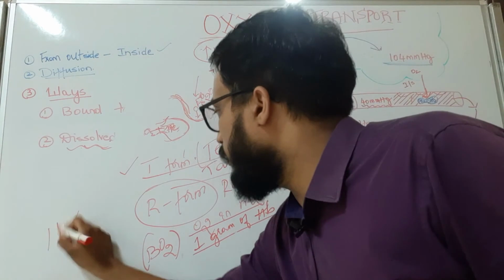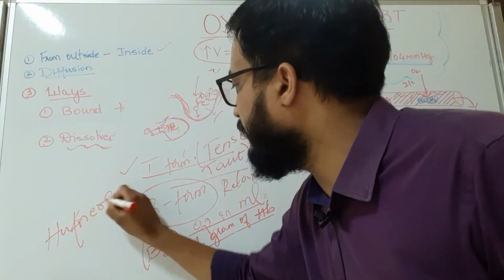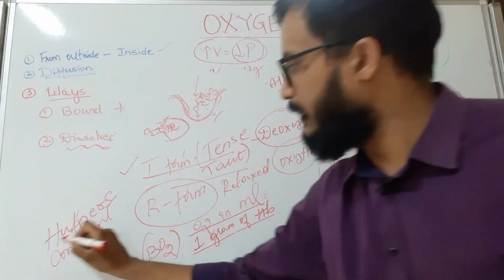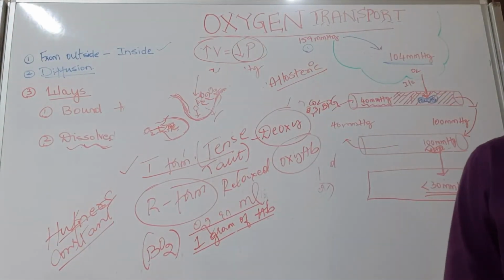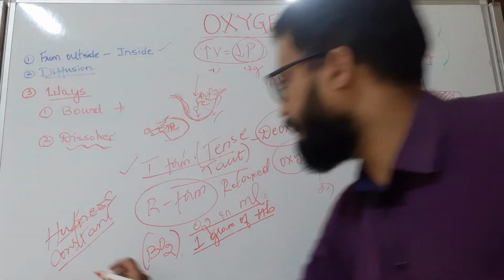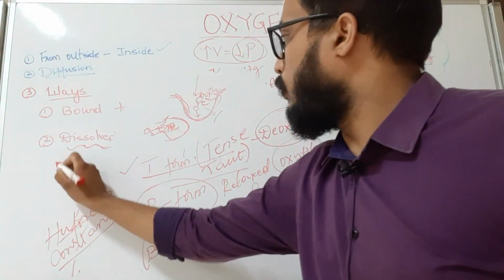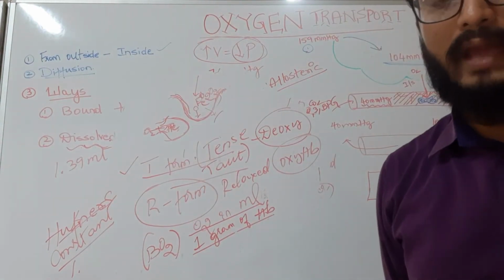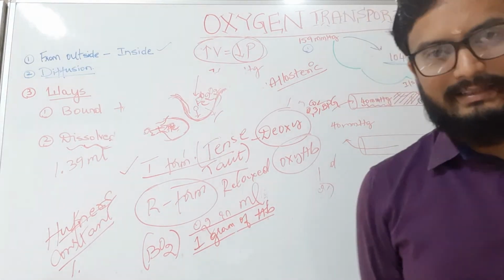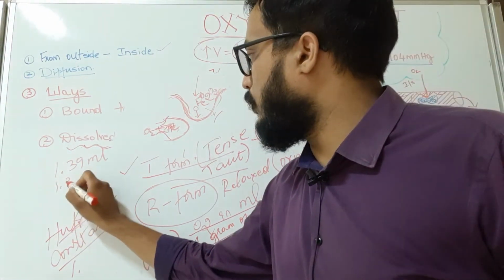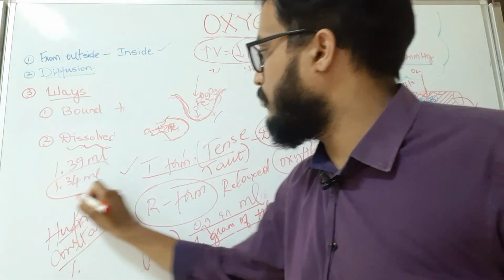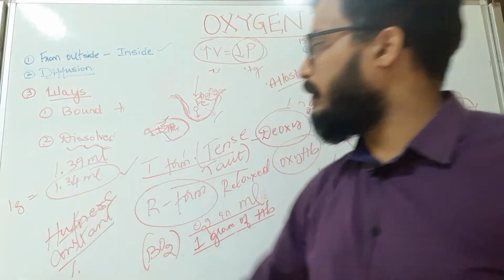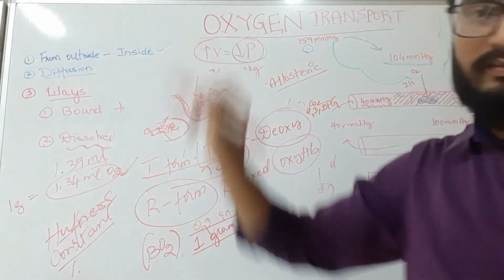It is also called Hufner's constant. Theoretically, this Hufner's constant is 1.39 ml. However, in an empirical state, it is said to be around 1.34 ml. So, 1 gram of hemoglobin can carry about 1.3 ml of oxygen.